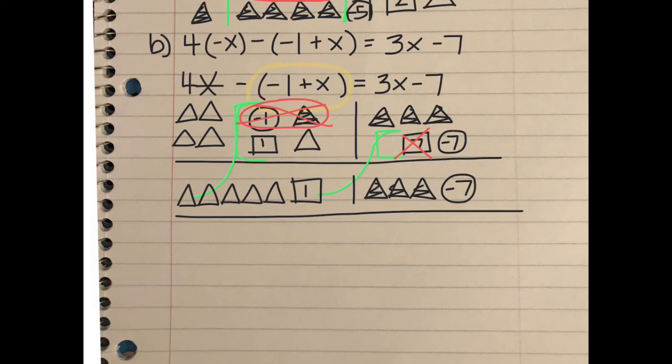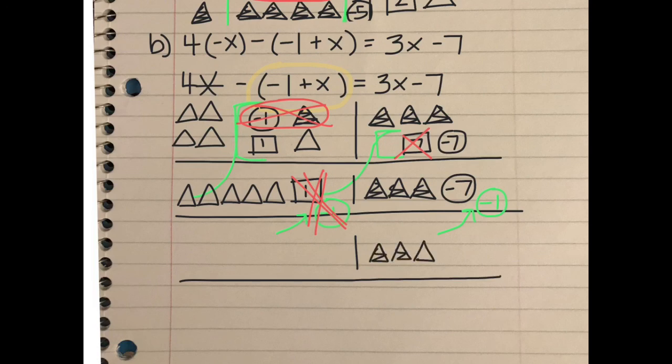Let's cancel out numbers. This time I think I'm going to bring in a negative 1 just because that's a teeny number. Bring in a negative 1 over here. That created a 0 pair that I can cancel out. And on the right, I've got 3 x's and a negative 8.